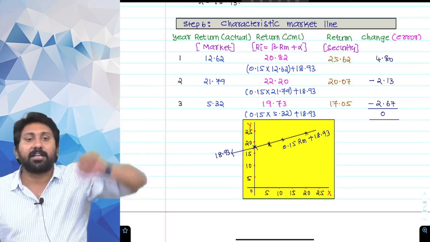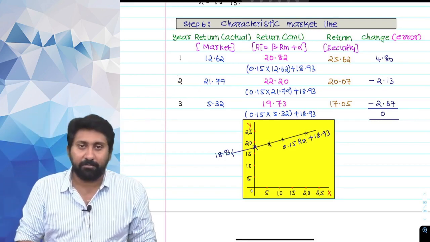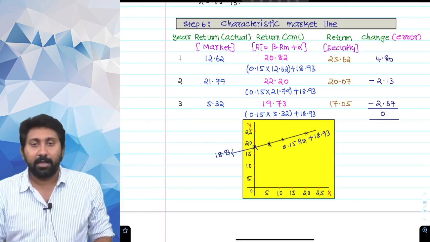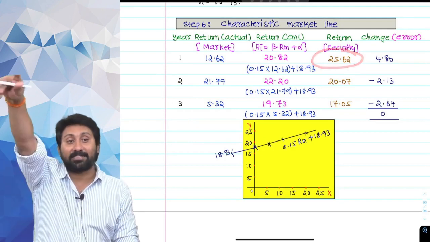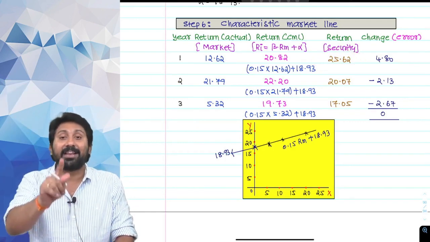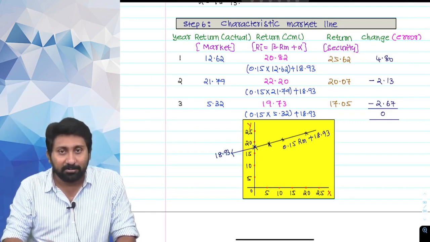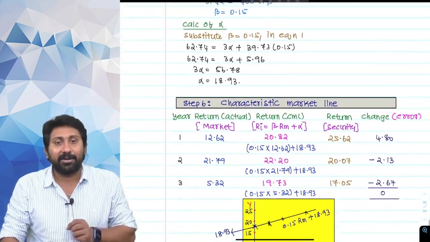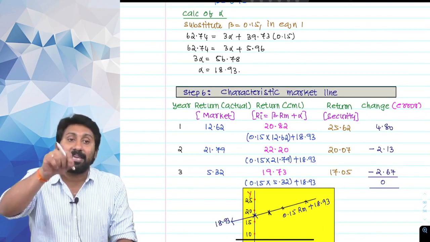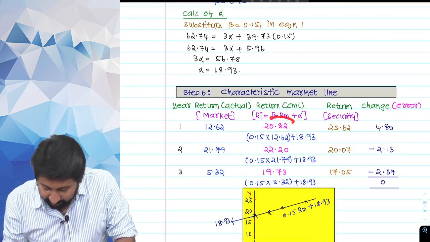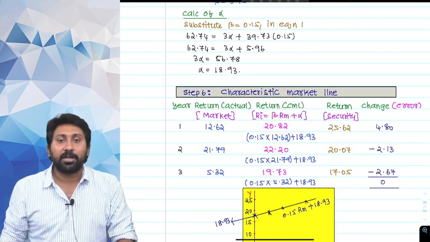Therefore my total return has become 20.82. But really it has given 25.62. Originally the security has given 25.62, but if you put it in the CML equation, the calculated return is 20.82.